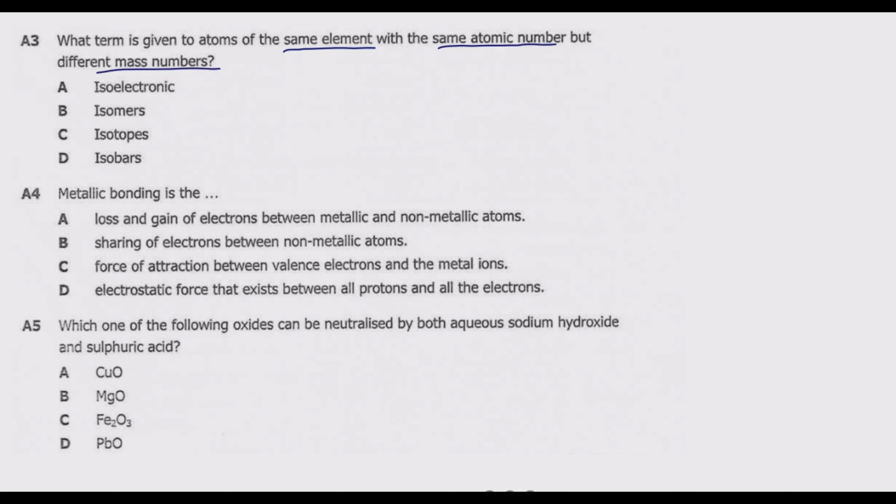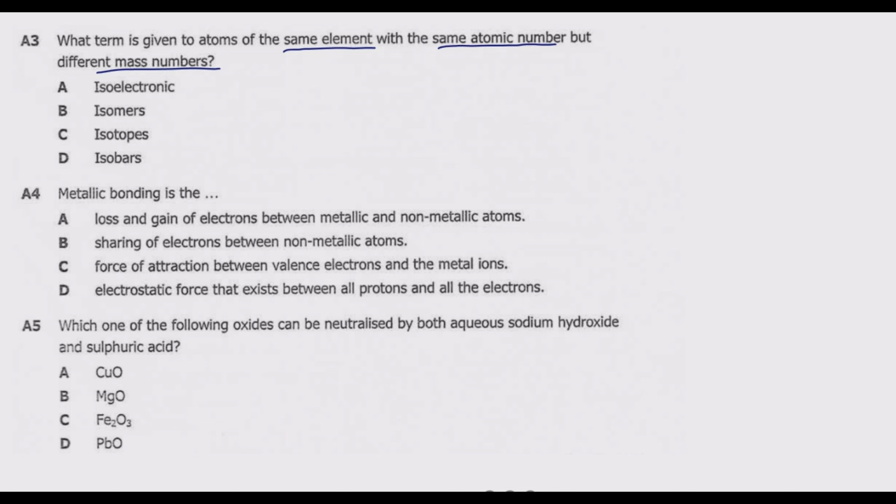If the atomic number is the same but the mass number is different, the difference comes from neutron numbers, because proton numbers plus neutron numbers give the mass number. Mass number is the total number of protons and neutrons in a given atom.